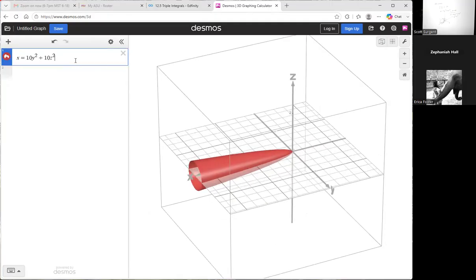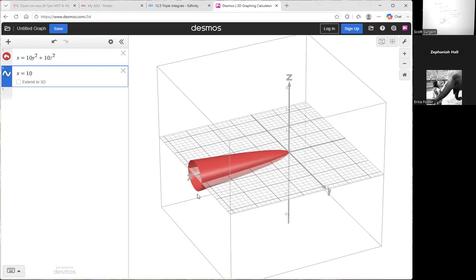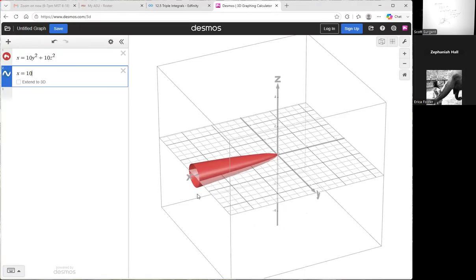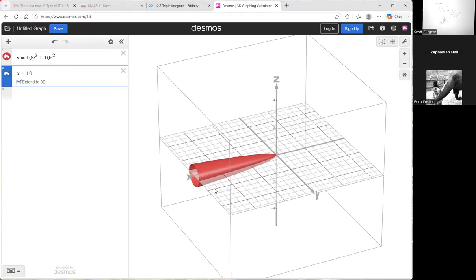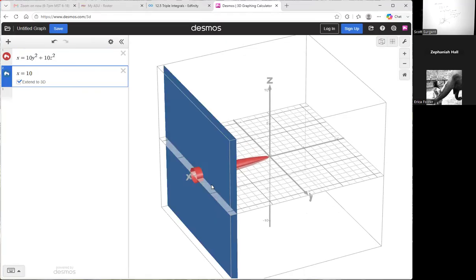Now, on the next line, I'm going to type in x equals 10. I need to actually scale out for that. Extended 3D, that's what I want. There we go.